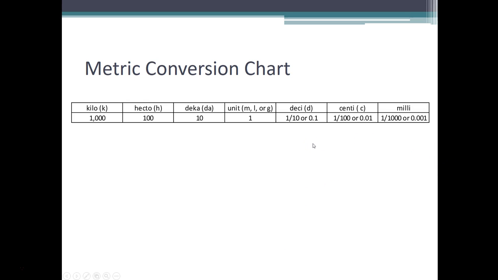Okay, 0.034 milliliters, and we want to convert that to deciliters. Okay, so we're going from milli to deci. In that direction, we're going to go 2 hops to the left.